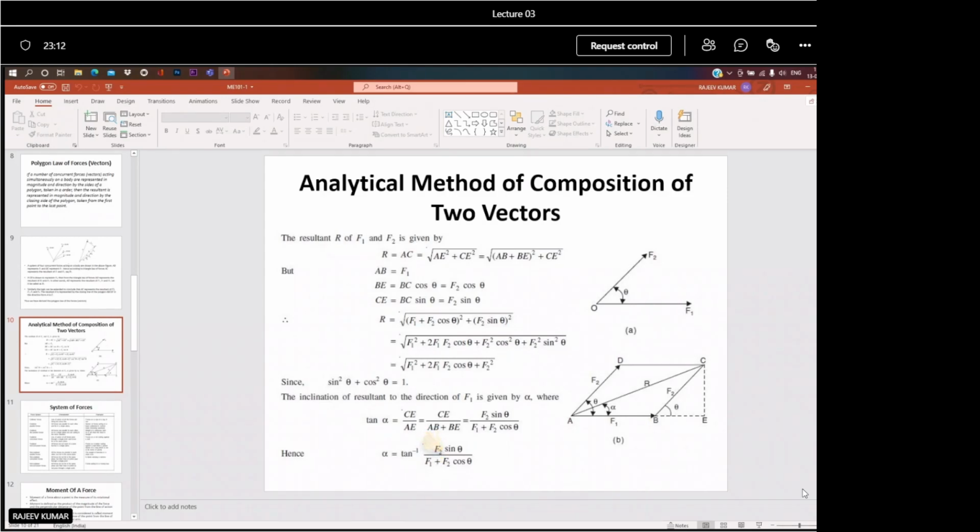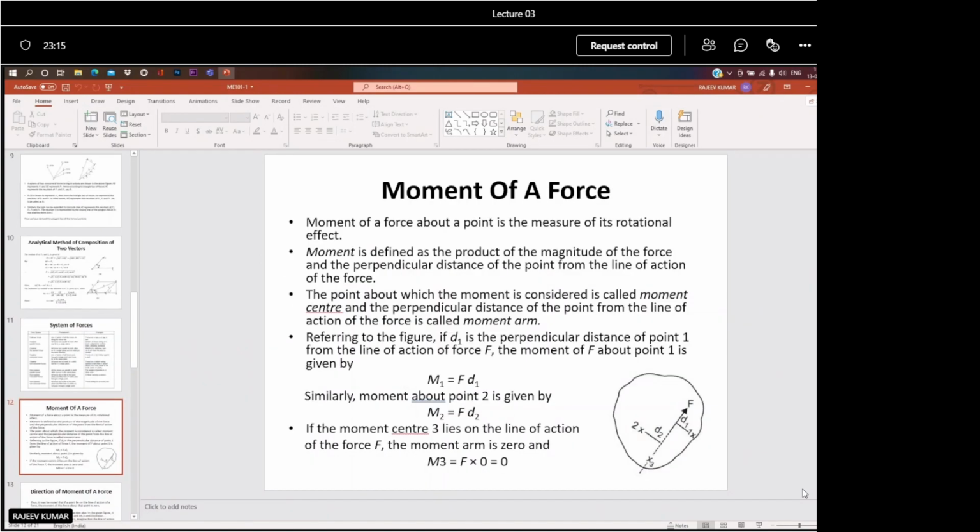Next we have the system of forces. Then the moment of a force, that I have discussed somewhere in yesterday's class, and the remaining things of that.